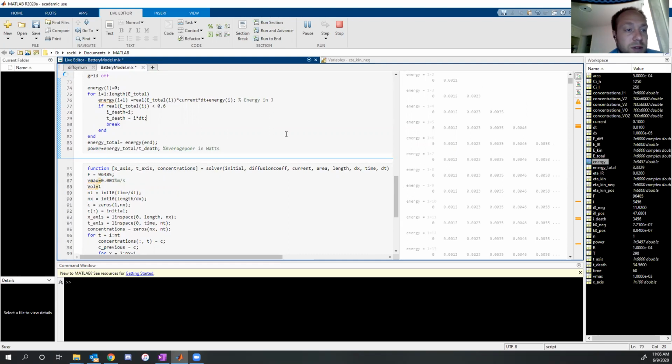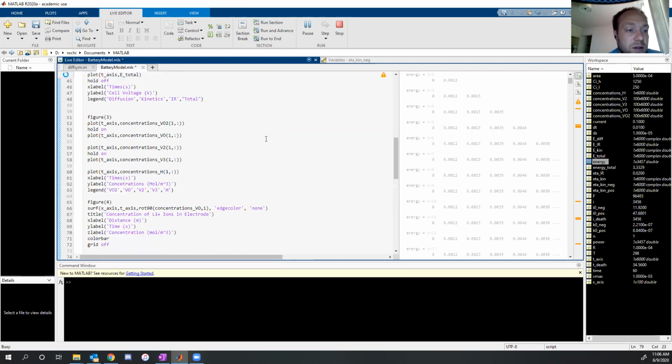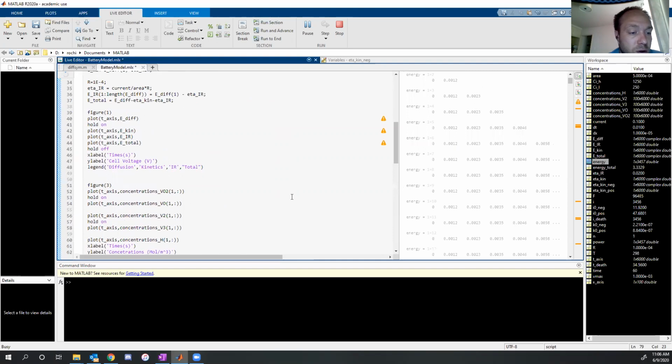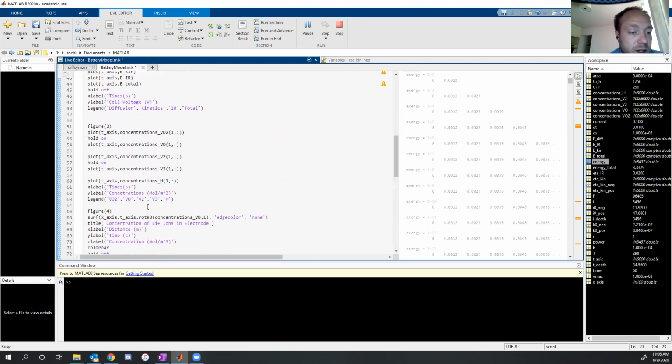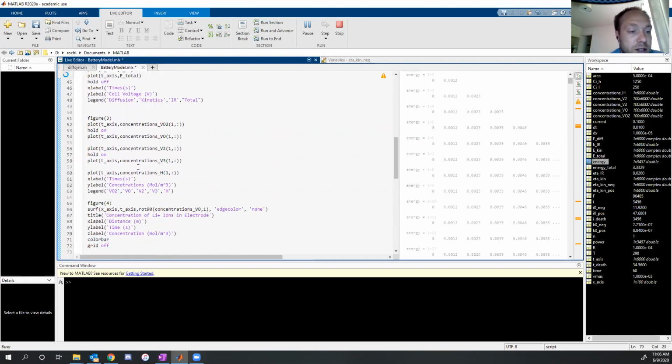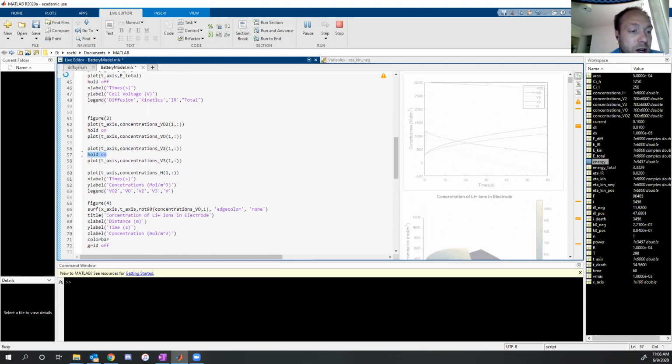Scroll up. Let's see if there's anything else on. You might do a hold off. So are you intending for all those to be plotted on the same one? So get rid of that hold on and do a hold off after the last one. There you go.